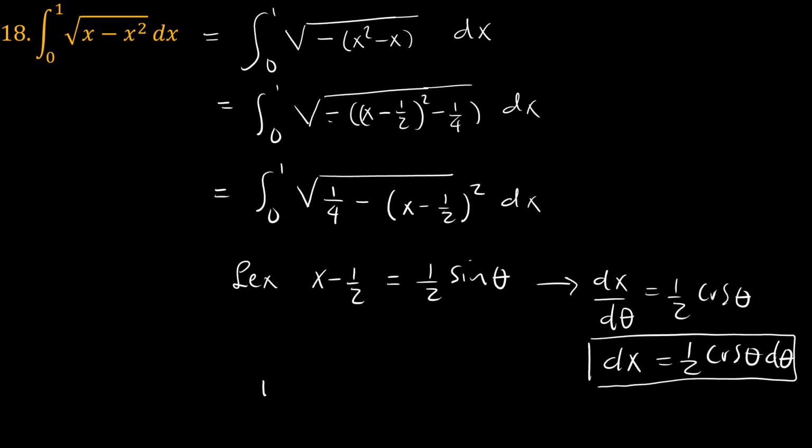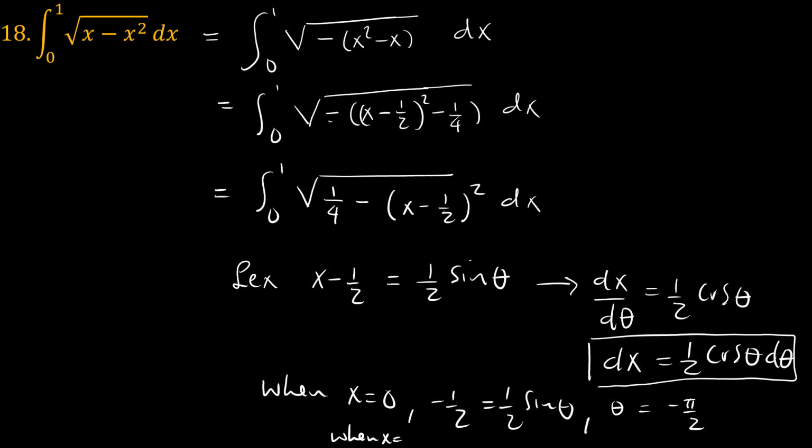So when x equals 0, negative a half will be equal to a half sine theta, and so theta would be equal to negative pi over 2. And when x equals 1, a half will be equal to a half sine theta, and theta would be equal to pi over 2.